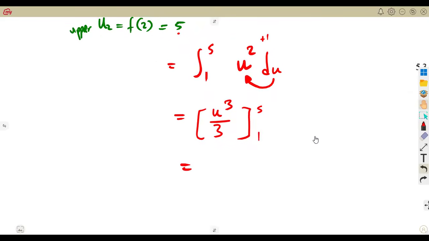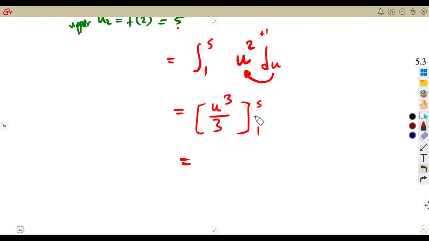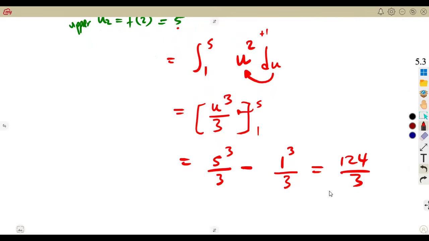You know, these exam guys, they are like that. So substitute upper limit minus the lower limit in place of u, that's 5 to the exponent of 3 over 3, minus the lower limit in place of u, 1 to the exponent of 3 over 3. That was going to give us 124 over 3. So we have to simplify properly there.